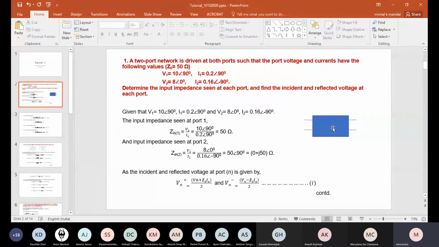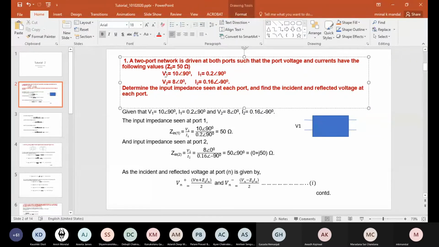Well, so at the ports, then we have 4 terminals. Then the input voltage and current is given. So input voltage, if I define here as V1, and total voltage is given, total current is given.